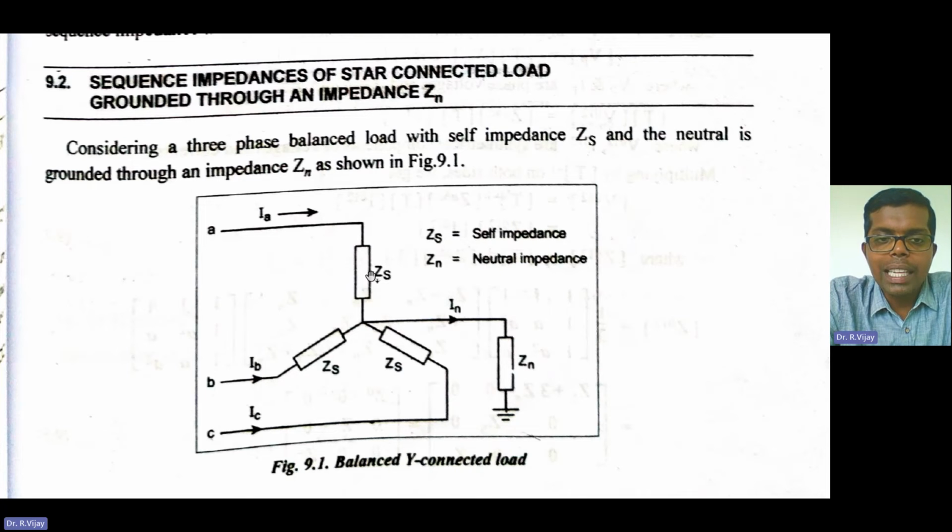The impedance of phase A is Zs, that of phase B is Zs, and that of phase C is Zs, with the neutral impedance Zn, making a balanced star connected load.